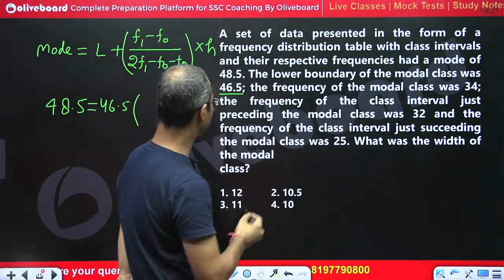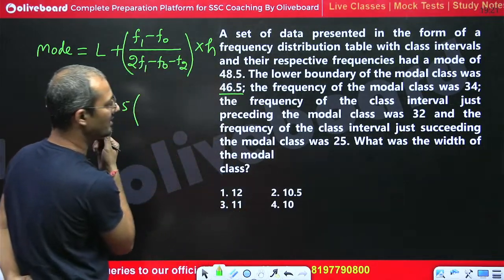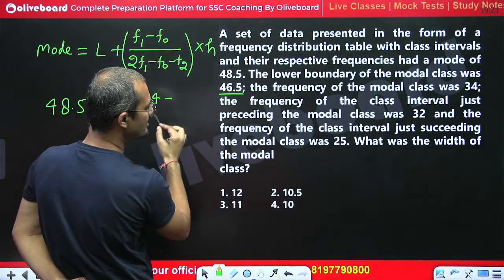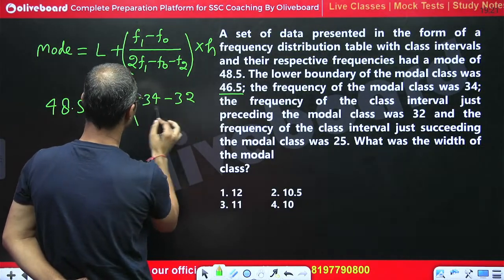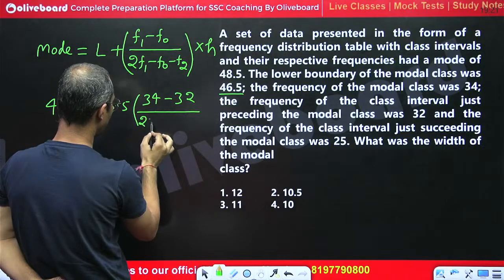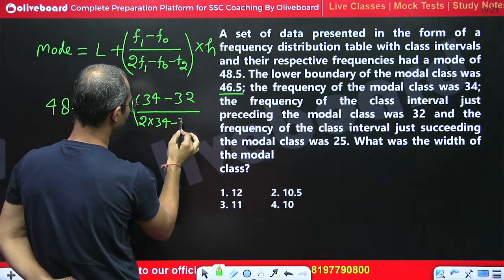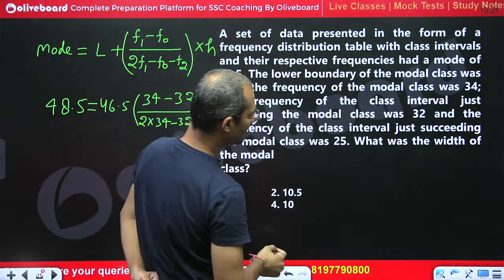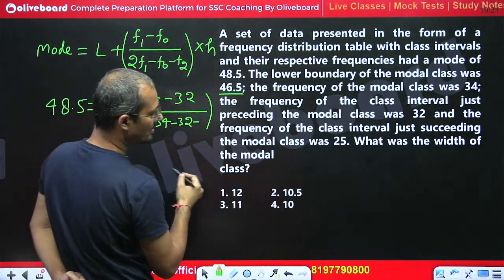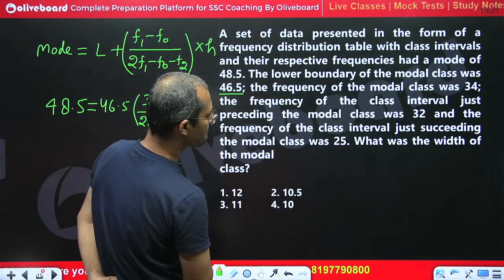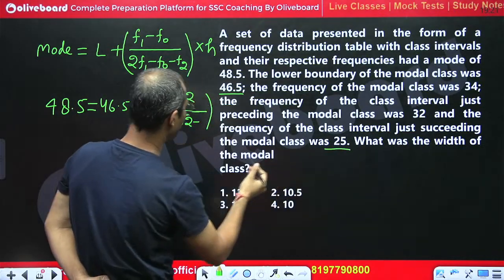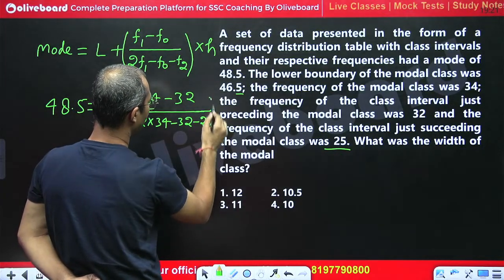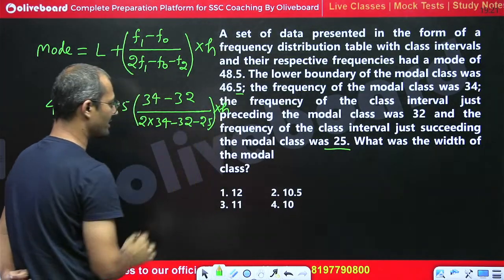And the frequency of the modal class is given as 34 and the just preceding class is 32, right? Divided by 2 into 34 minus 32 minus, this is how much? So this is 25, right? 25 into h. Is this clear?